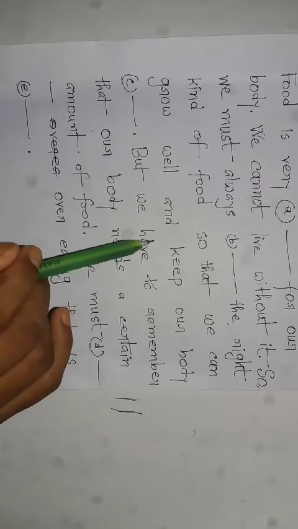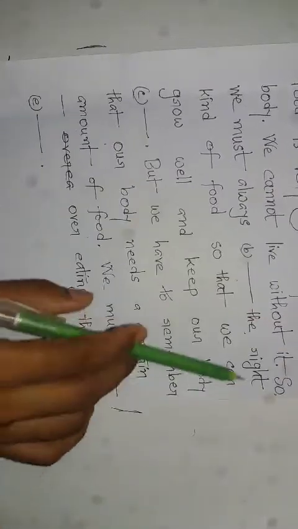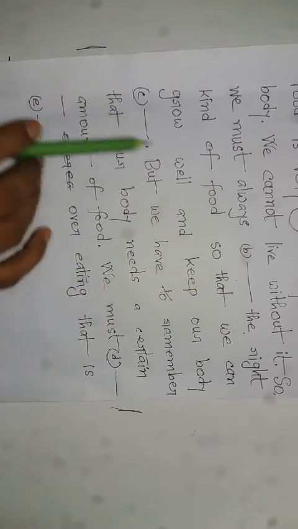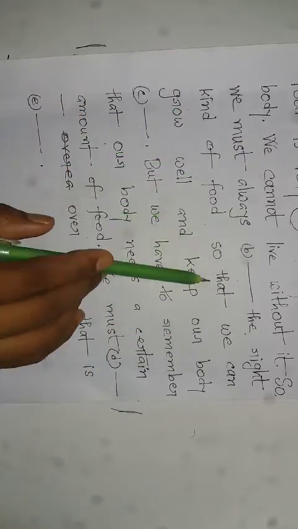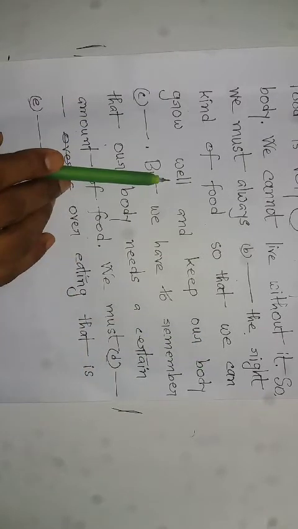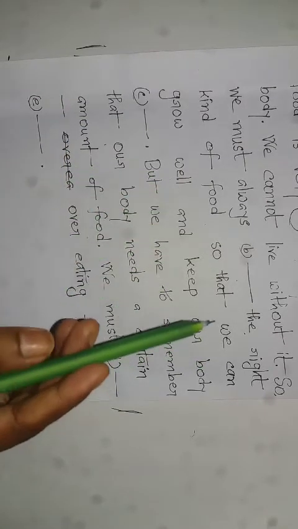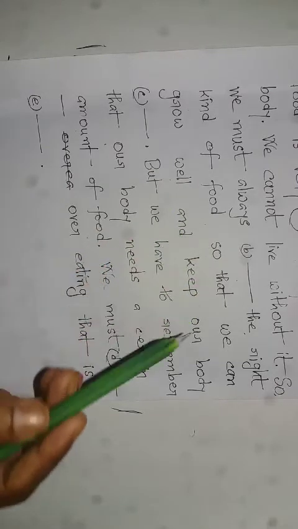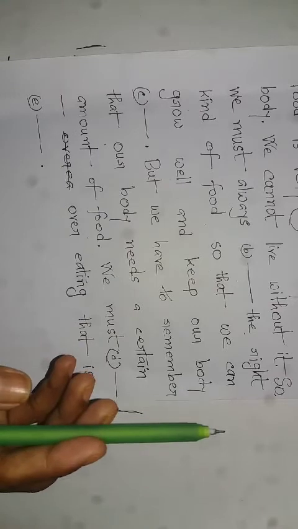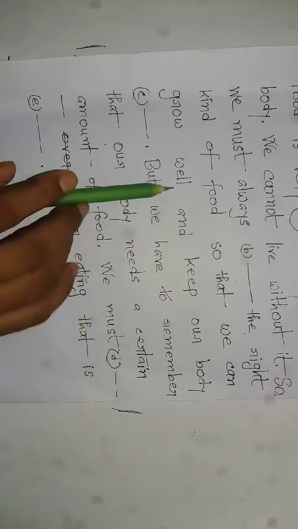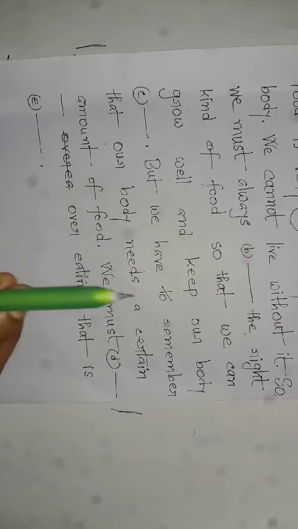From the rest of this sentence, that is the right kind of food so that we can grow well. From this part of the sentence, you can easily guess that if we eat the right kind of food, we can grow well. In this way, you may find out the correct answer.